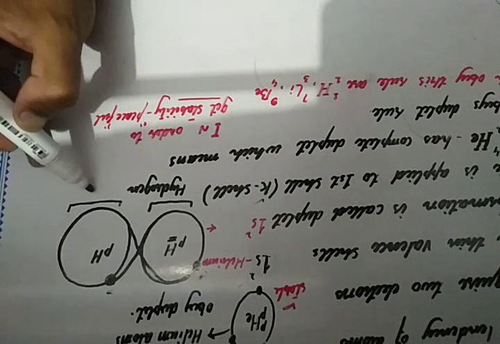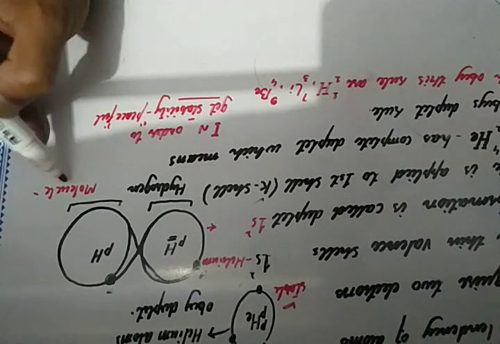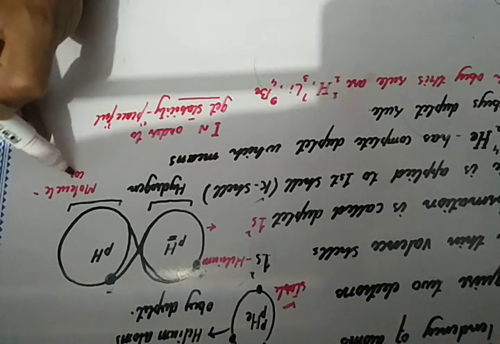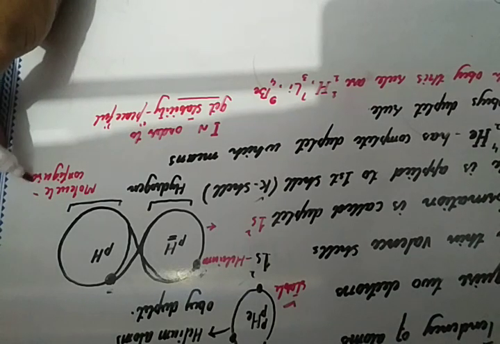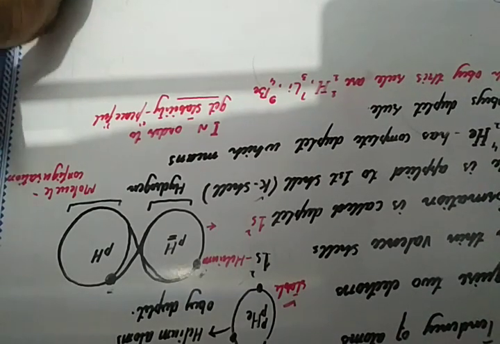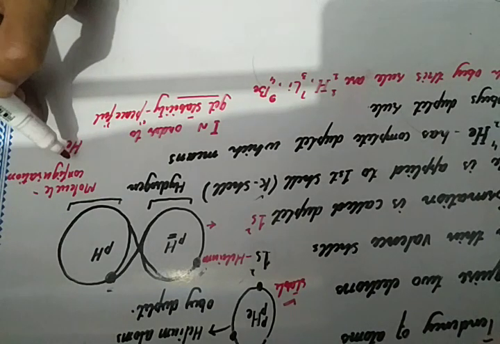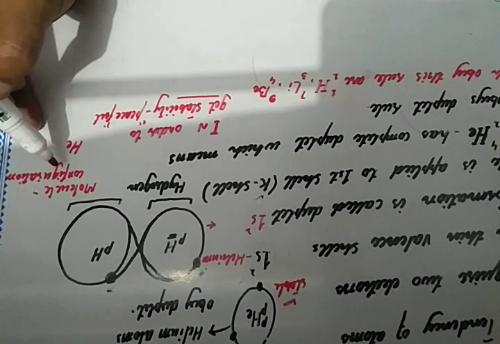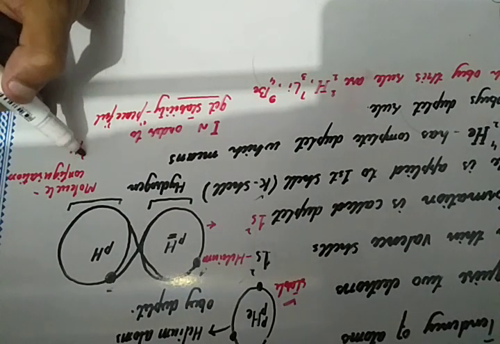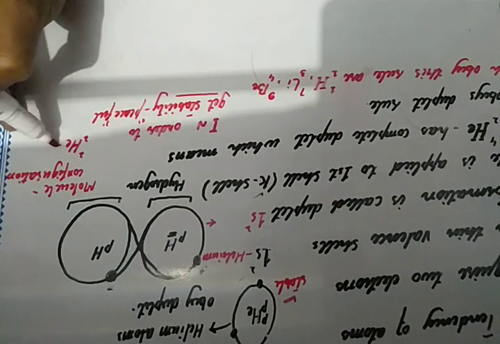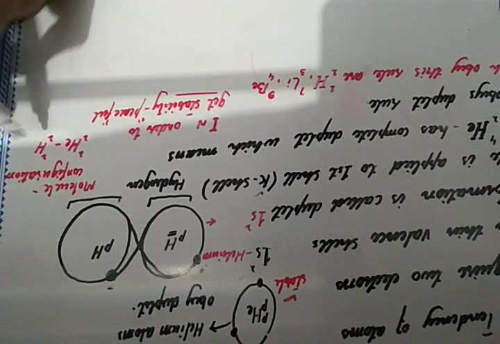And this is the hydrogen molecule. Hydrogen molecule configuration is similar to the configuration of which noble gas? Helium. Helium configuration is similar to the hydrogen gas configuration.